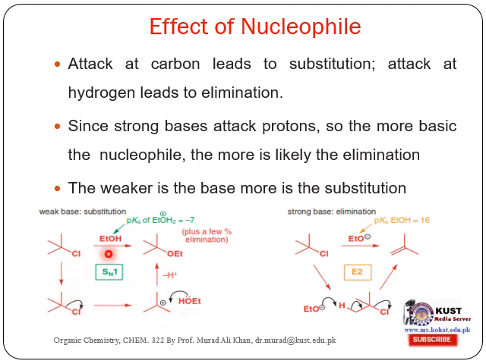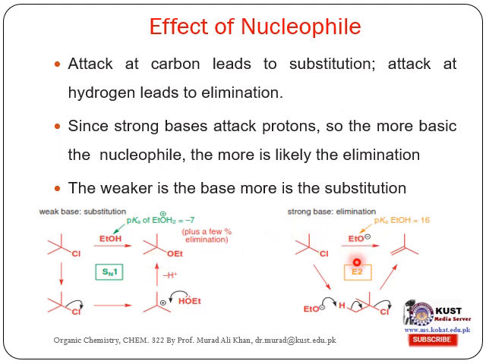This is the mechanism or course of reaction: first the chloride leaves and then the ethanol, or the lone pair of the hydroxyl, attacks the carbon, hydrogen is removed, and we get a substitution product.